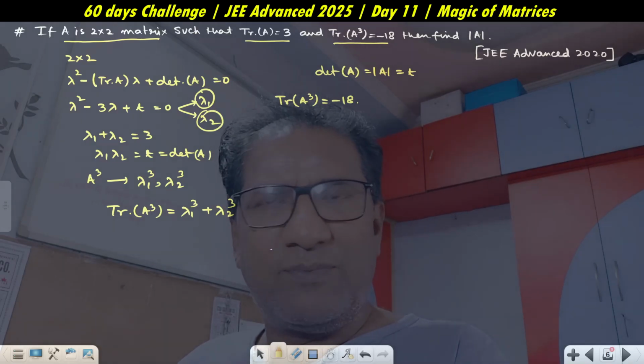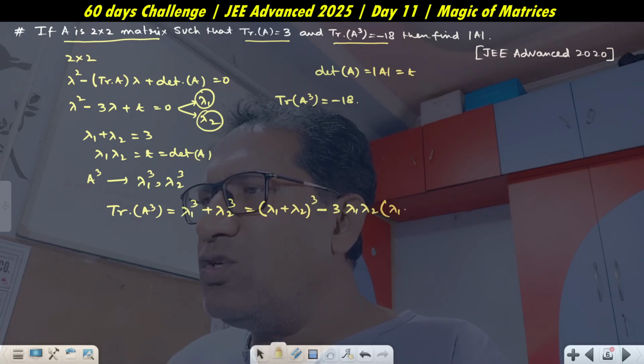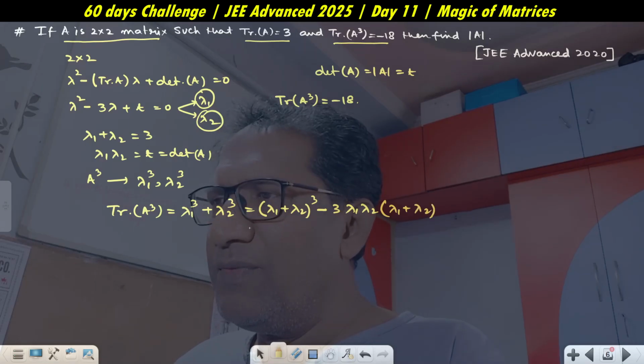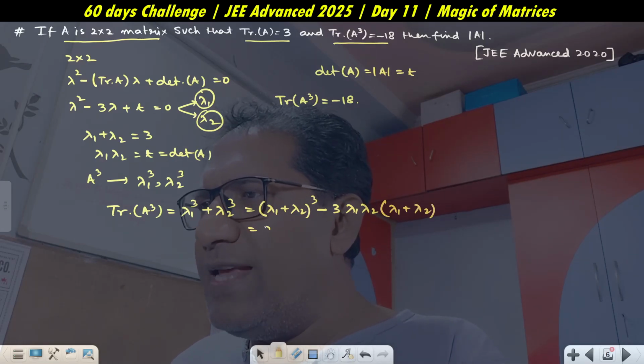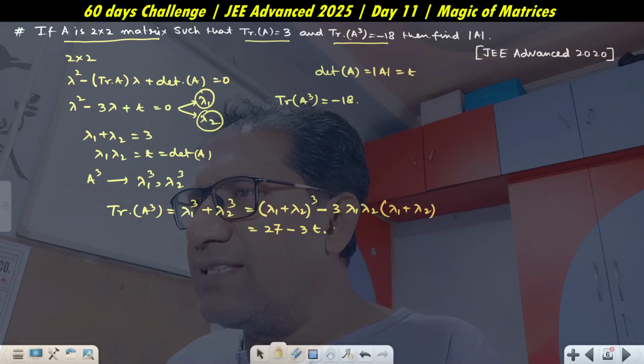That's it. Which is actually lambda 1 plus lambda 2 whole cube minus 3 lambda 1 lambda 2 into lambda 1 plus lambda 2. Lambda 1 plus lambda 2 is 3, so it gives us 27. Minus 3 lambda 1 lambda 2, which is t, and this is again 3.